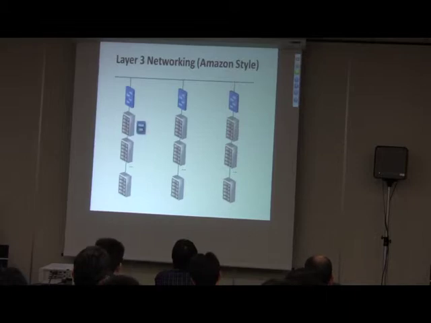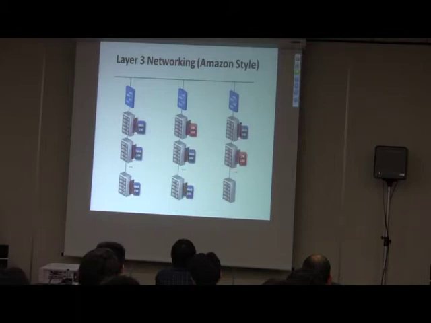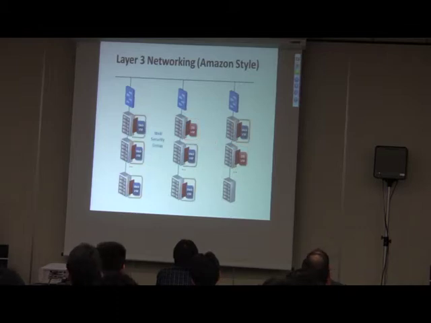And we support the Amazon-style layer 3 networking. In this case, the web VMs and DB VMs come up. Each one will have a firewall in front of it, and then you place them in different security groups. The DB VMs will be in the DB security group, the web VMs will be in the web security group, and then you allow the two security groups to reach each other.